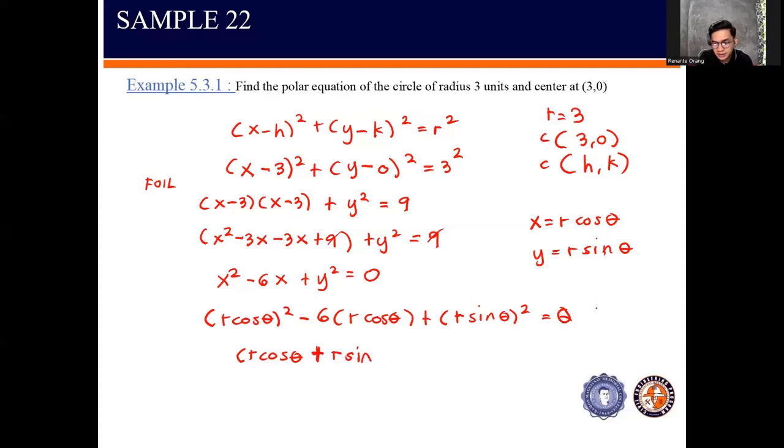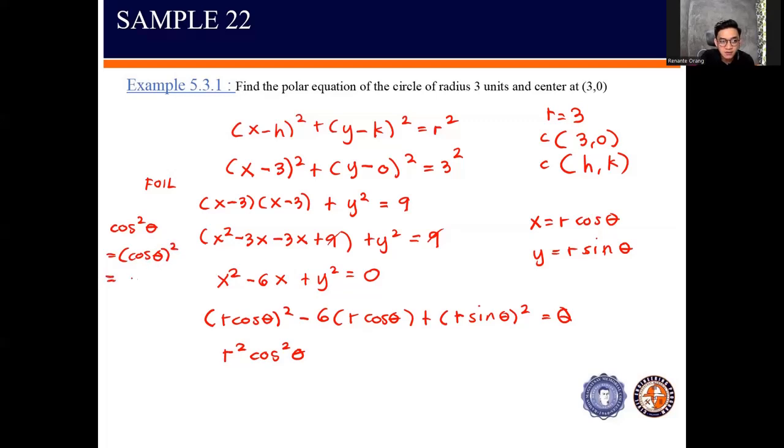We can also just distribute it, class. Wait lang. Let's distribute the squared so it is clearer. So I will put it inside, it becomes r squared, then cosine squared theta. Sir, what happened? Why is the squared in the middle? So take note, class, cosine squared theta is just the same with cosine theta with the squared outside.